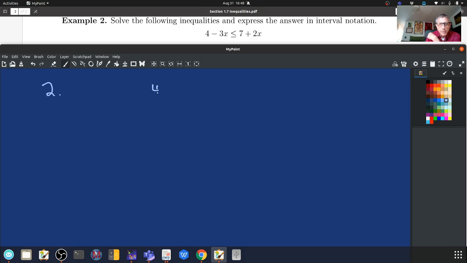So I have 4 minus 3x is less than or equal to 7 plus 2x. Now when you have variables on either side of your inequality, you're going to have to be moving them across the inequality sign.